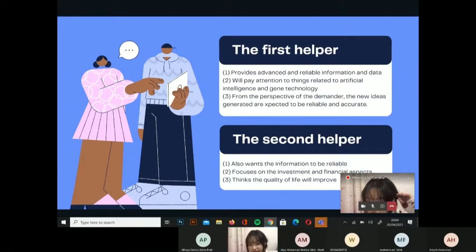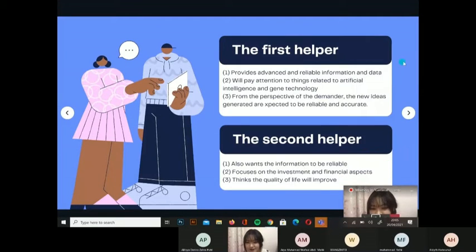The second helper gave us the answer that she also wants the information to be reliable and her first focus is on investment and financial assets. The third question, her answer is she thinks the quality of life will improve.